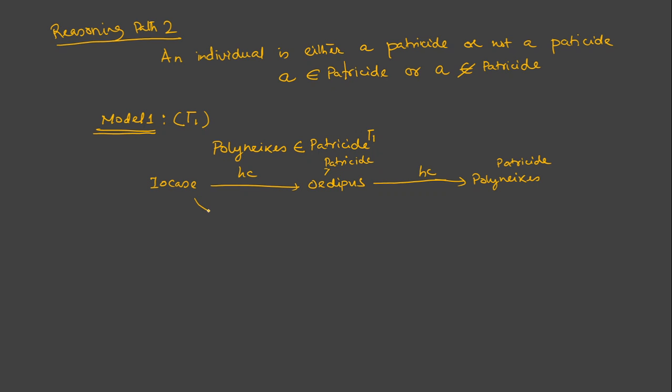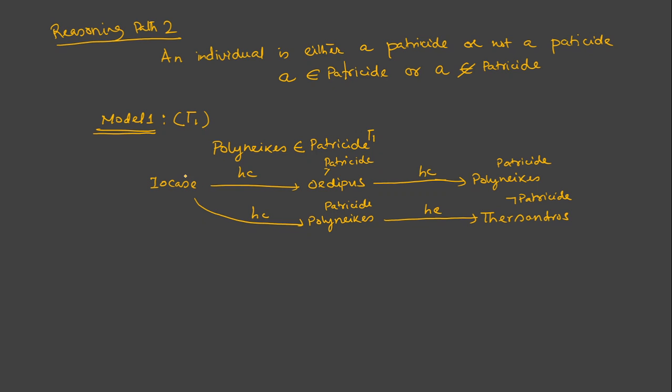Now this Iocasta has child Polynicus, and Polynicus is a patricide, right? Now this Polynicus has child Tharsandros, and Tharsandros is not a patricide, which is explicitly stated, right?